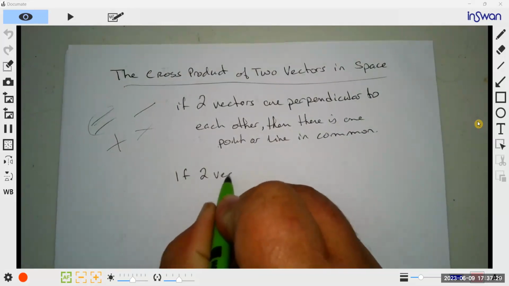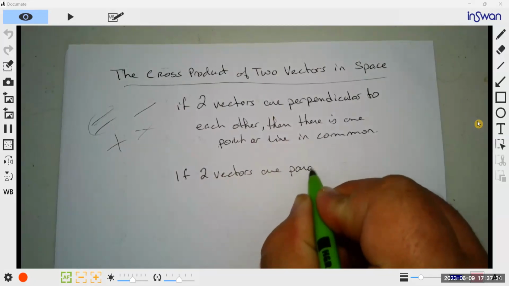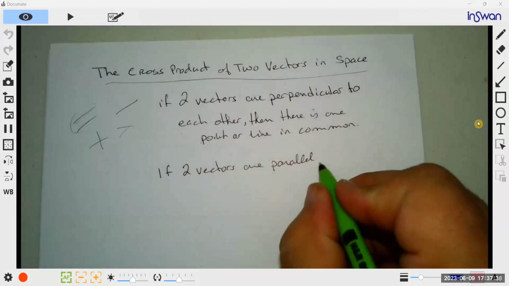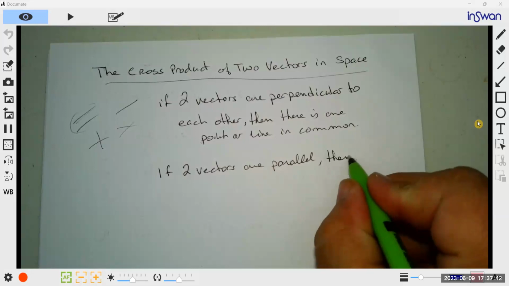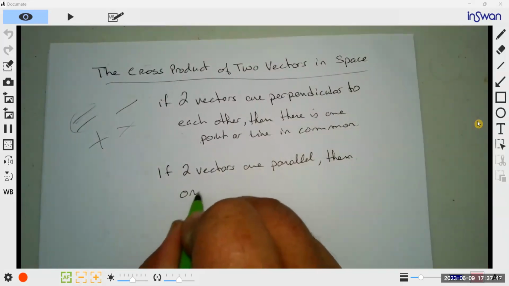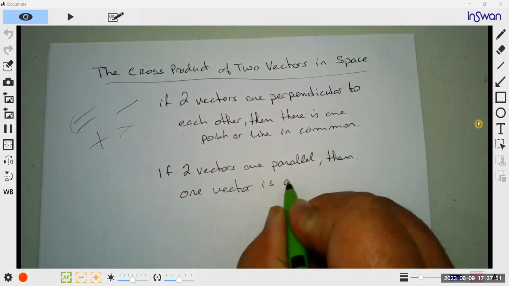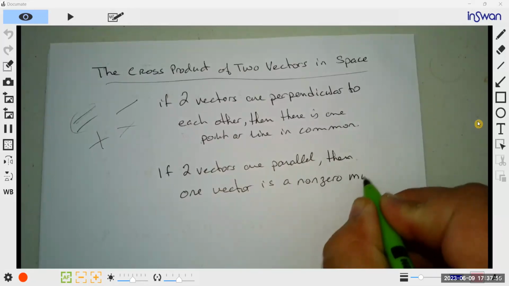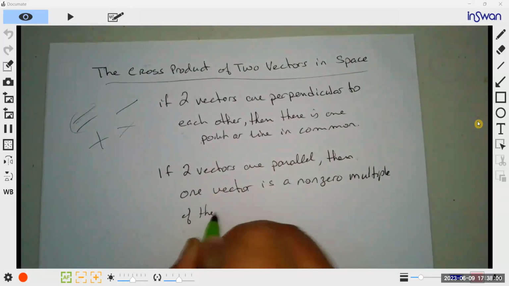If two vectors are parallel, then one vector is a non-zero multiple of the other.